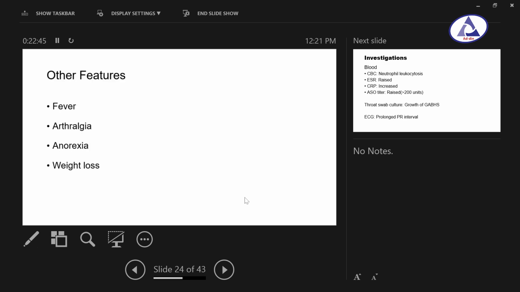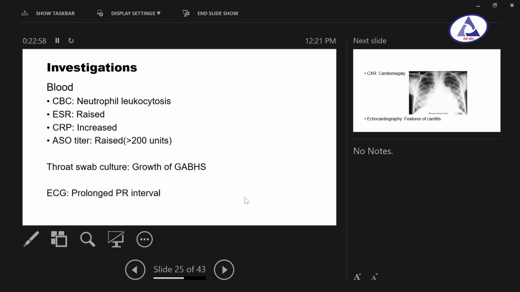What are the other features? These may be fever, arthralgia, anorexia, and weight loss. These are the other features of acute rheumatic fever. And what may be the investigation findings?